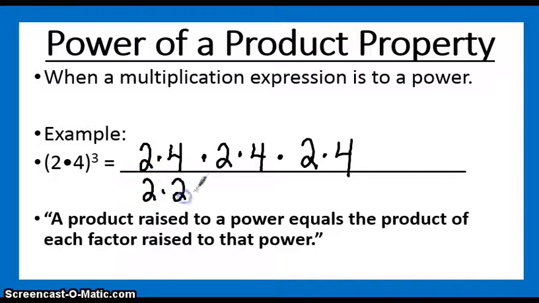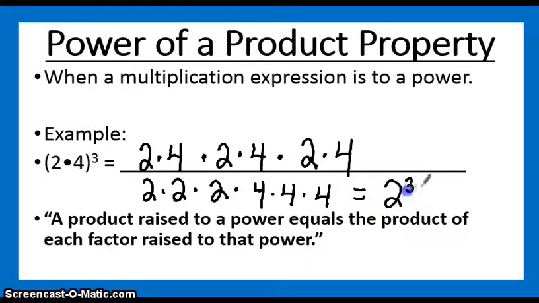So let's put all the 2's together. 2 times 2 times 2 and 4 times 4 times 4. So that is equal to 2 to the 3rd power, because we have 3 of them, times 4 to the 3rd power. And you can see a shortcut is each factor in the product gets that exponent. We get 2 cubed and 4 cubed.